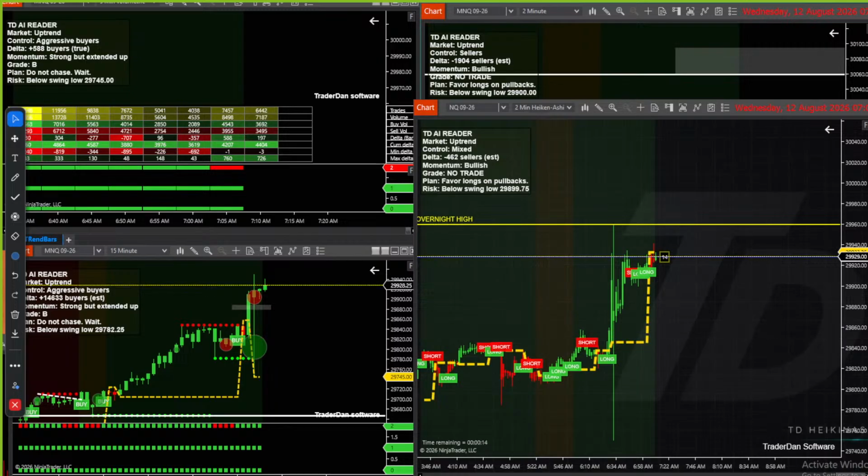But you could throw the AI on almost any indicator that we have, and it's going to read that to you. Whether you're trading the fair value concepts or you're trading the money train, the RSI, whatever you're trading, you'll be able to throw it back into there and see what it says while you're trading.